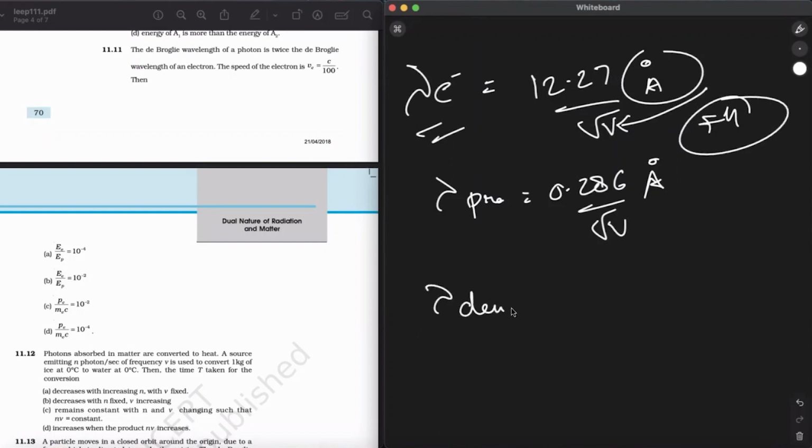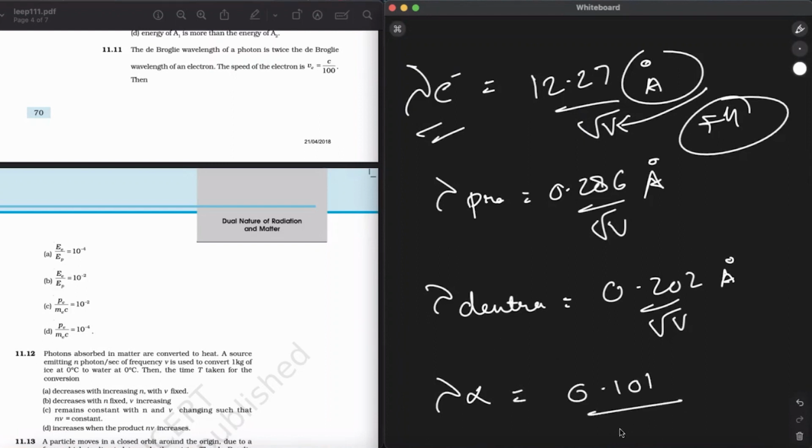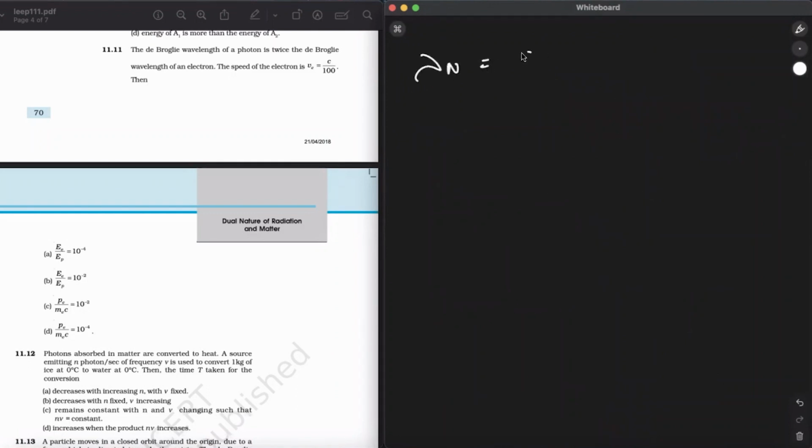Lambda deuteron you also have to remember: it is 0.202 upon under root V angstrom, and lambda alpha particle. These four are very important. Lambda alpha is 0.101 upon under root V angstrom. Now for the neutron, lambda neutron is 0.286 upon under root of E, with E in electron volt, in angstrom.